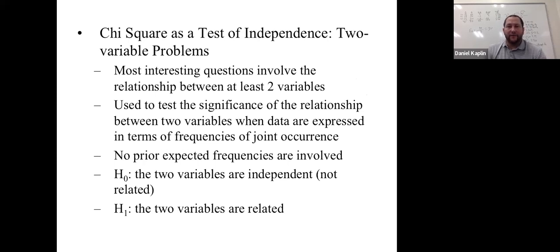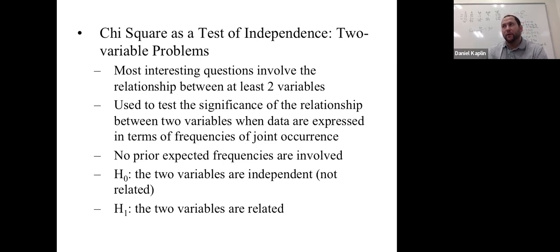Right now, I have taught you about the concept of a chi-square using a one variable problem. But in reality, many issues we face are such that we don't explain an outcome using one thing. So we expect there to be a relationship between variables.